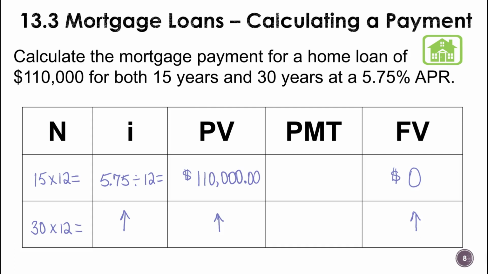So on the first loan, the 15-year loan, we're going to compute the payment, and we are then going to revise just a little bit and compute the payment on the 30-year loan. So I'm just going to go ahead and do both of those.